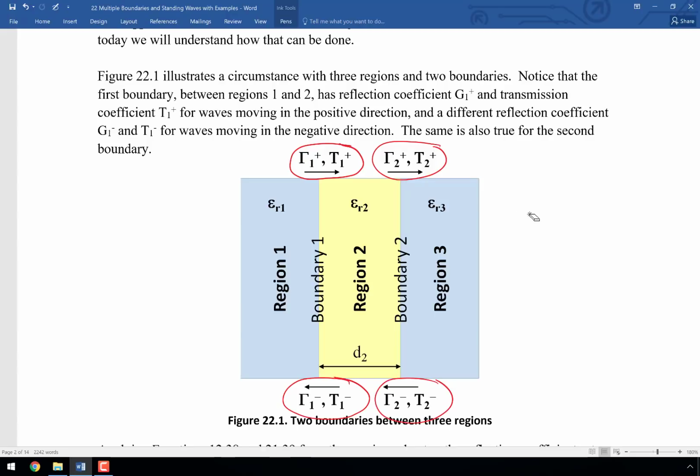So we need to think about what's going to happen as a wave is coming in. I'll begin to sketch this as a bounce diagram. As a wave is coming in, part of it is going to be reflected and part of it is going to be transmitted. The wave that gets transmitted is, of course, going to hit the second boundary. Part of that wave is going to get reflected and part of it is going to get transmitted.